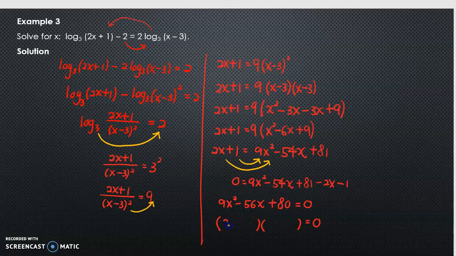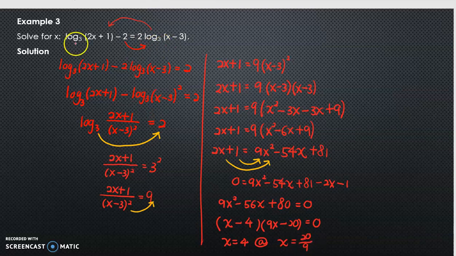So here we have (x minus 4), and another factor is (9x minus 20). So 9x times x, 9x squared. 36 plus 20, 56, and this is 80. So x is equal to 4 or x is equal to 20 over 9.